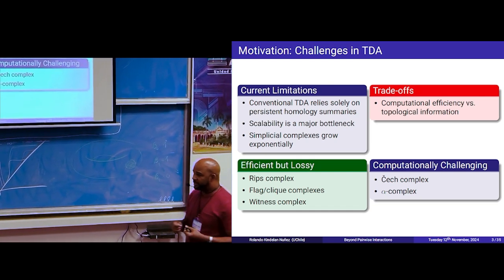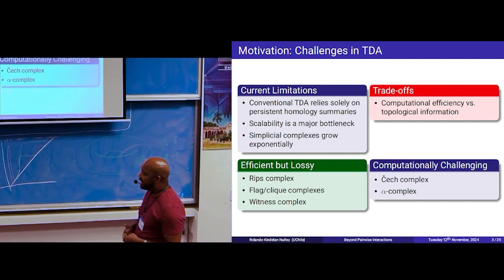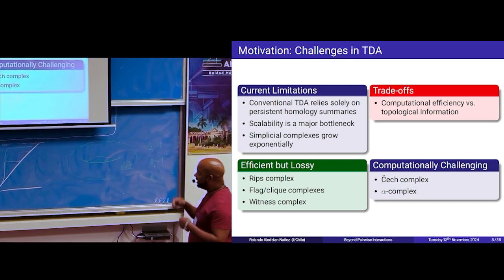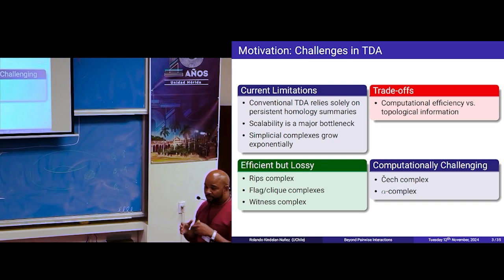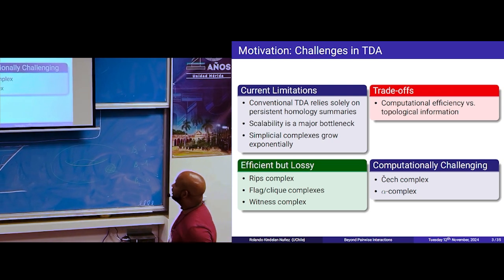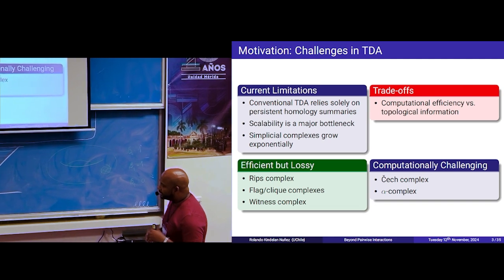And also, simplicial complexes grow exponentially because they are algebraic and combinatorial objects. That means that they grow exponentially in the number of points and in the dimension of the complex.